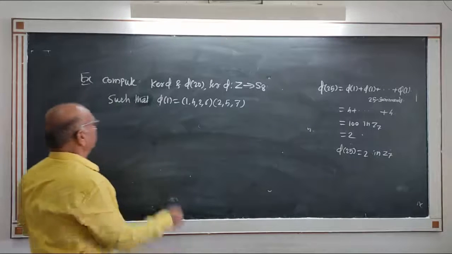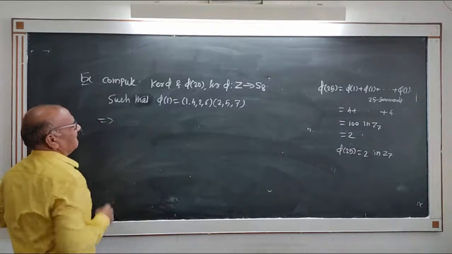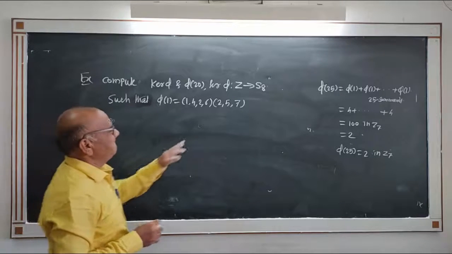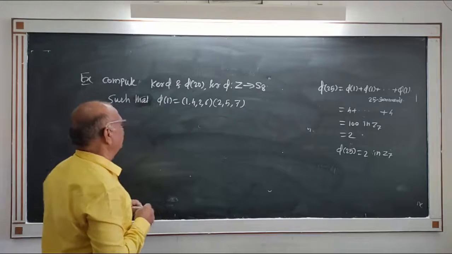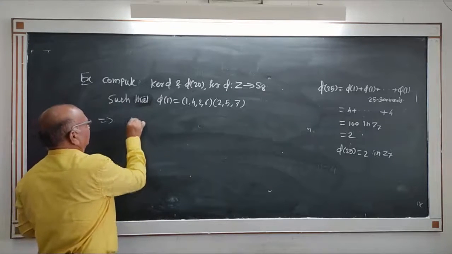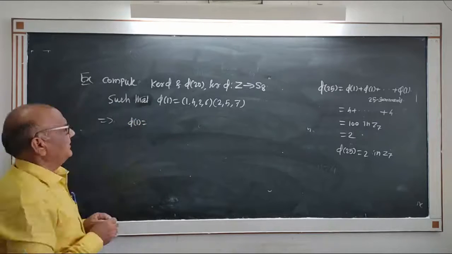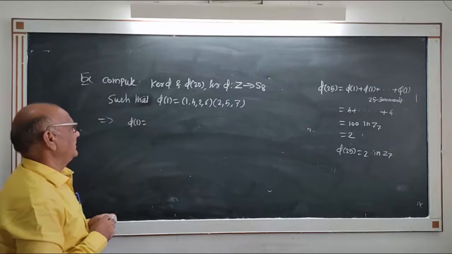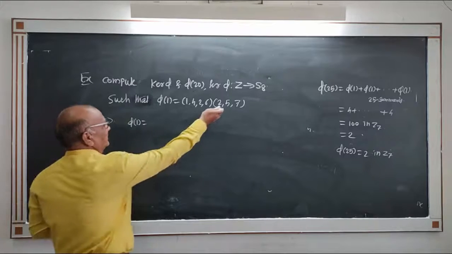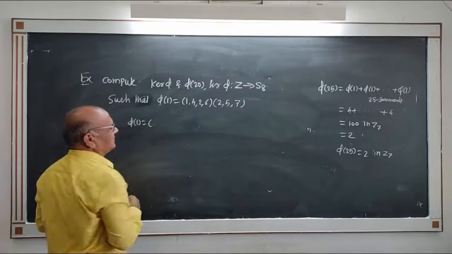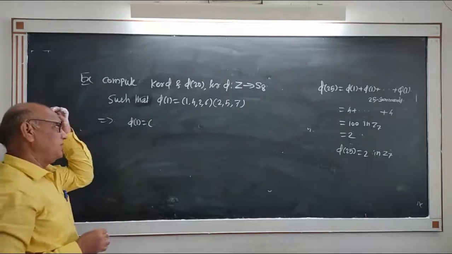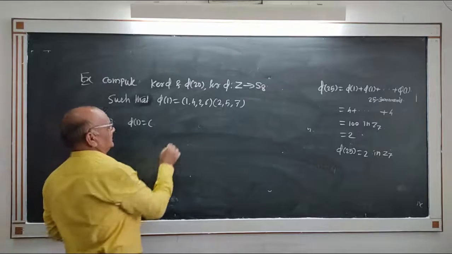Now here, first convert this element phi of 1 into a product. These are not disjoint cycles, so convert into a product of disjoint cycles.